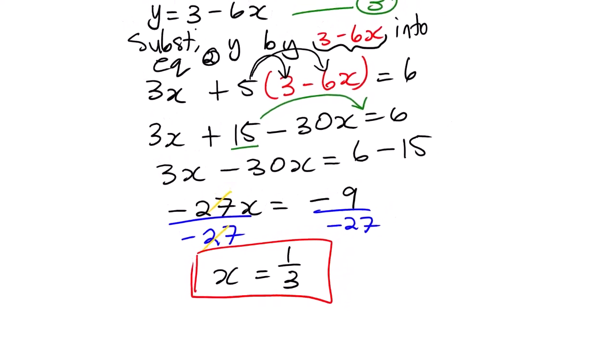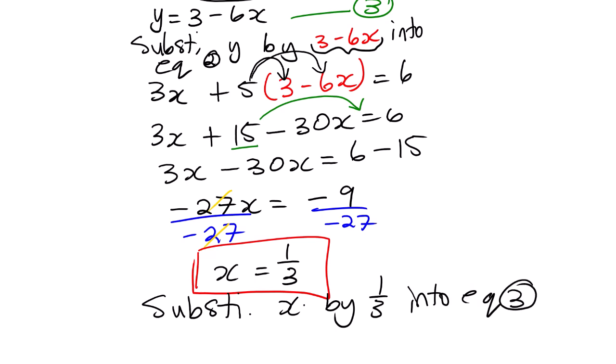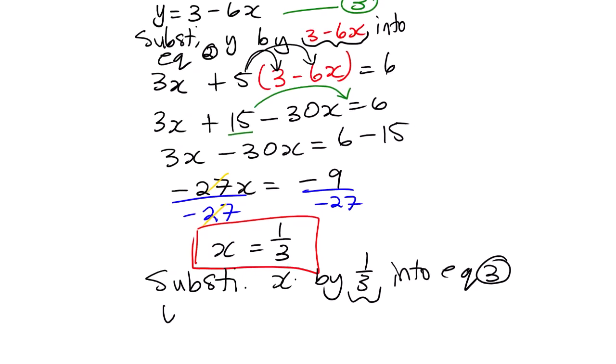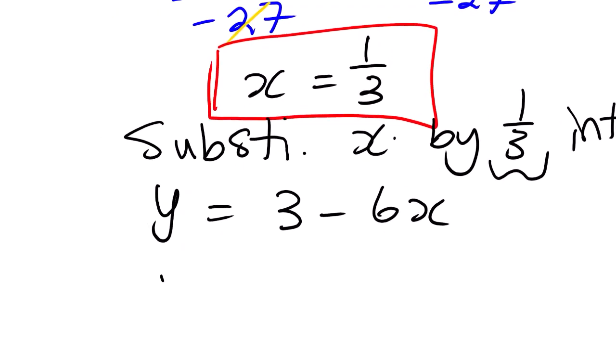From here we need to substitute to find our y solution. Substitute x by 1 over 3 into equation 3. So where we see x, we are going to substitute by this. So this is our equation 3. Y is equal to 3 minus 6x. Y is equal to 3 minus 6, then we put 1 over 3.